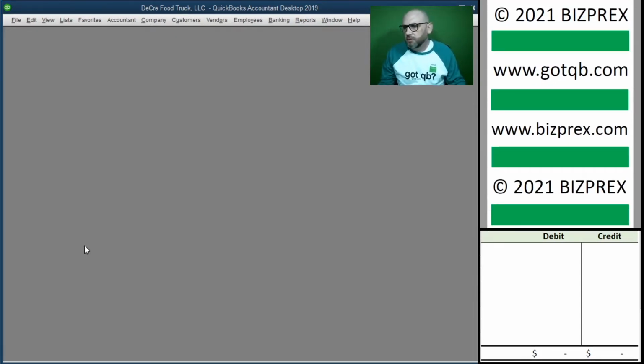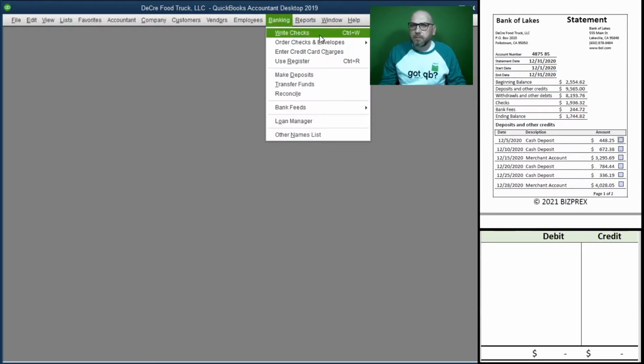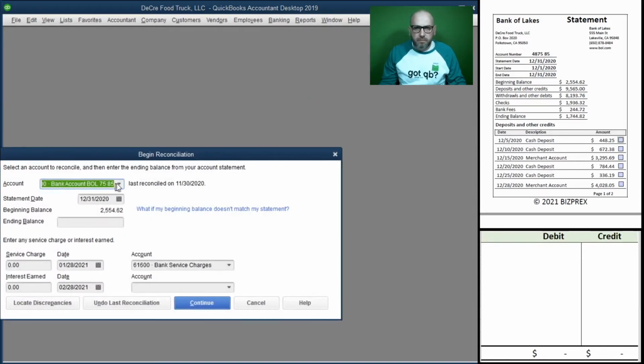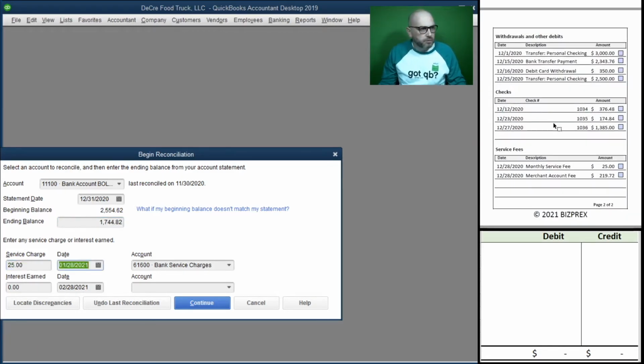Okay, let's go ahead and reconcile bank statement for December. Here we are. Let's see, do we have, yeah, we do have service charge. All right.